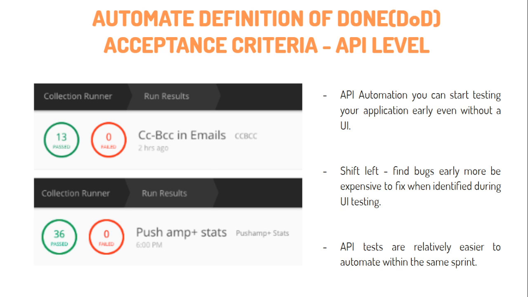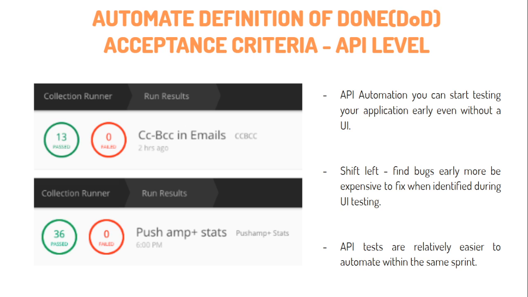So to start with in-sprint automation, you basically have to start automating these acceptance criteria at API level. I already talked about how API testing helps you to shift left and is relatively easier to automate. Plus, you need not wait till your UI is ready. You can start quite early and give early feedback.